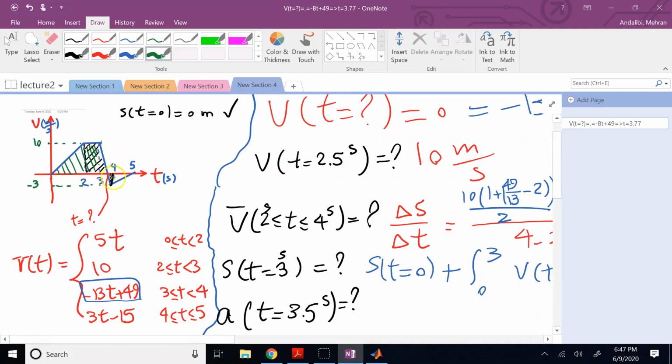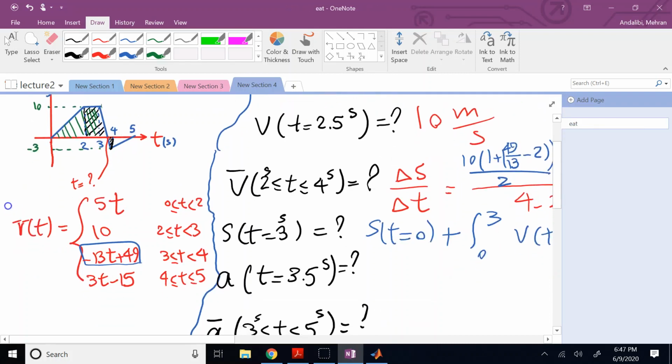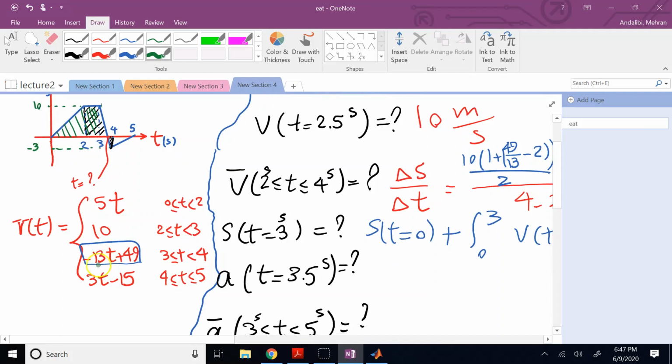Since this graph itself is a line, tangent to it falls on the line itself. So in other words, what's the slope of this line? And clearly you can see the slope of this line is what? Negative 13. We already calculated it, right? So it's the slope of the line connecting point 3 and 10 to point 4 and negative 3.